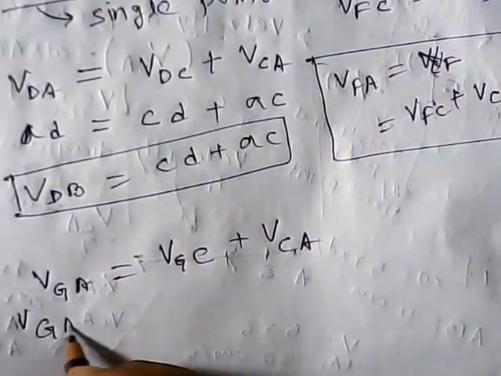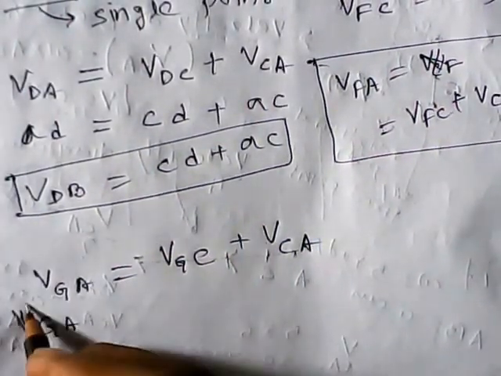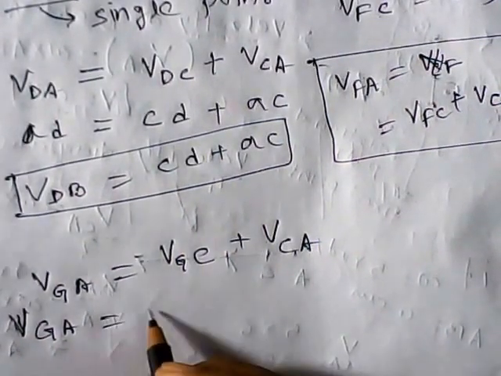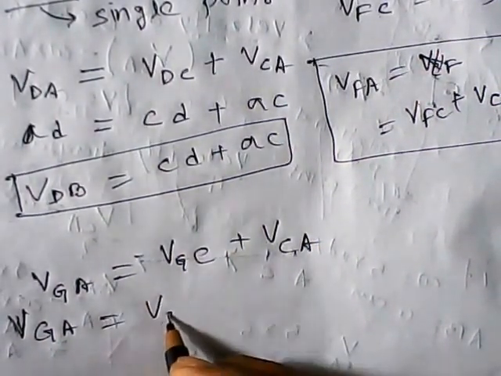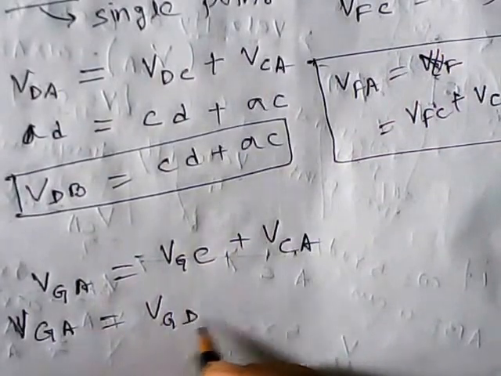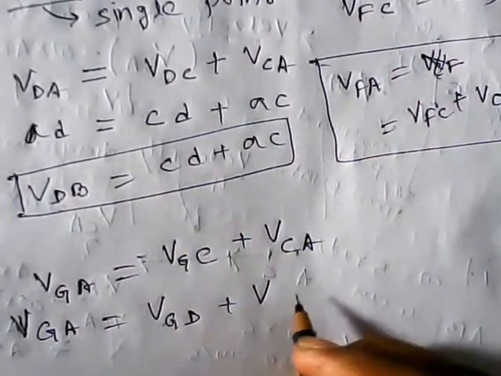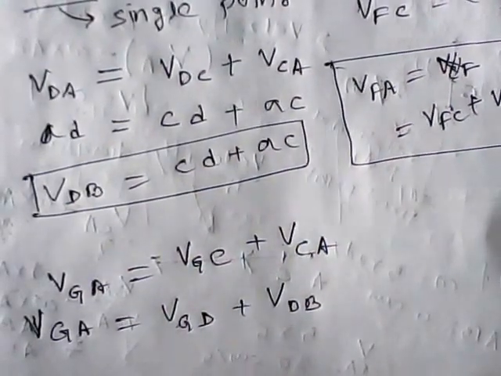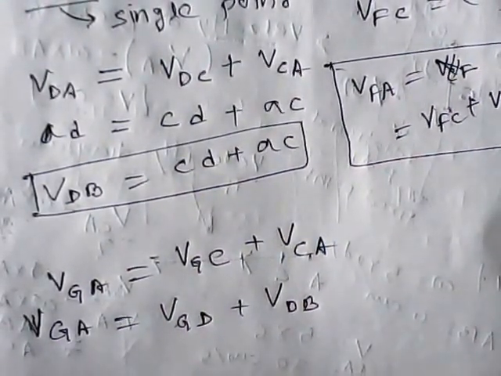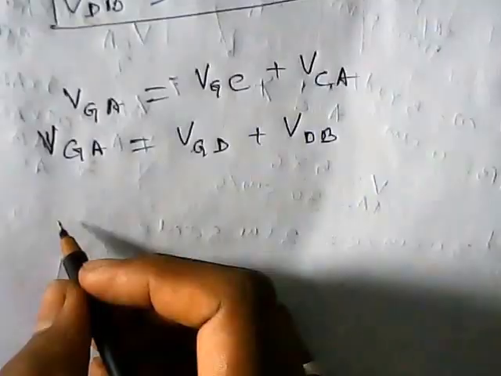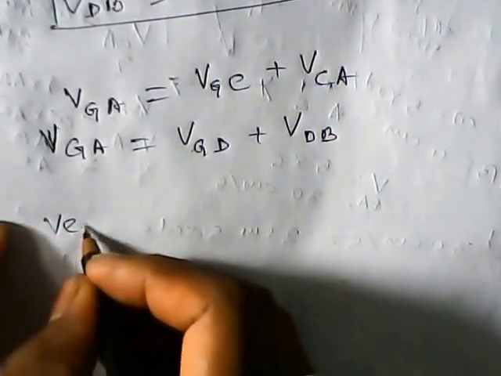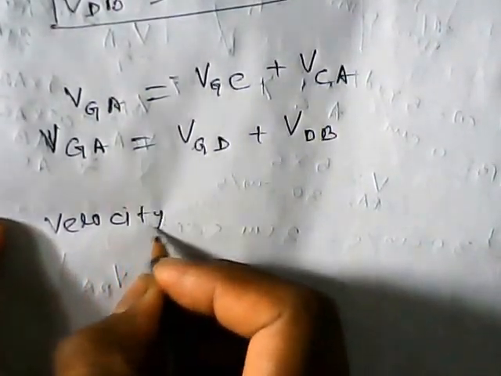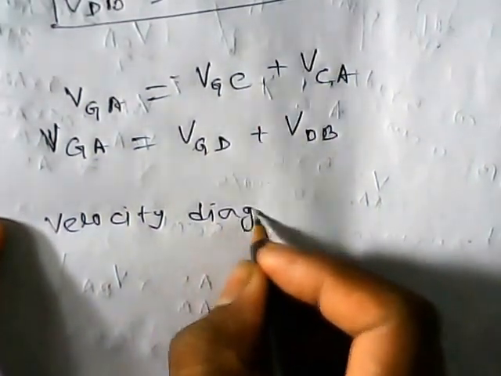Also you can write velocity of G with respect to A equals velocity of G with respect to point D plus velocity of D with respect to point B, as A and B is the same single point, so we can write it.